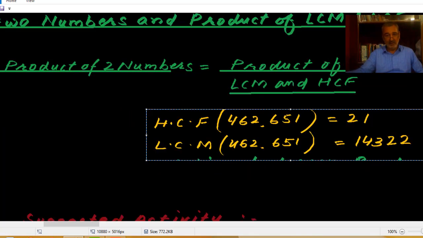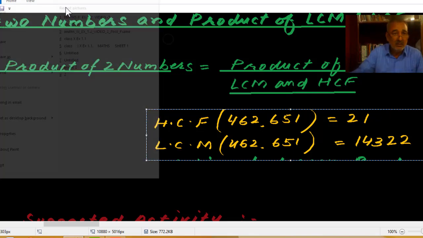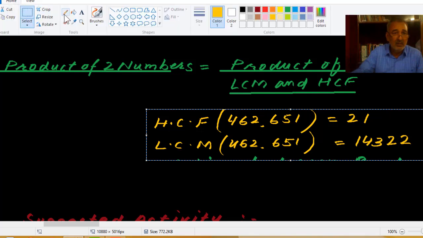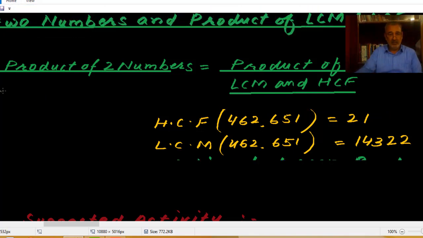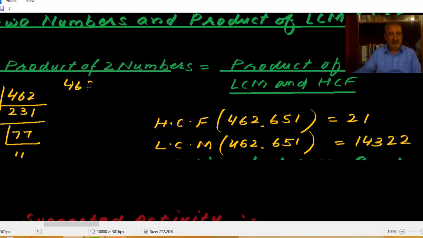I have to express this once again. Let's have 462 once again. 2, 3, 7, 11। तो हमारे पास 462 की प्रोडक्ट थी। इसको मैं अब कॉलम वाइज ले रहा हूँ। 2 multiplied by 3 multiplied by 7 multiplied by 11.